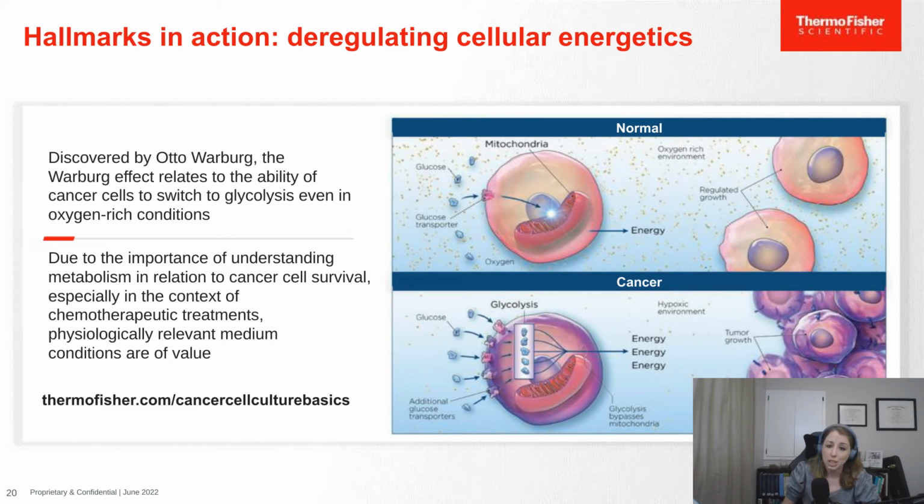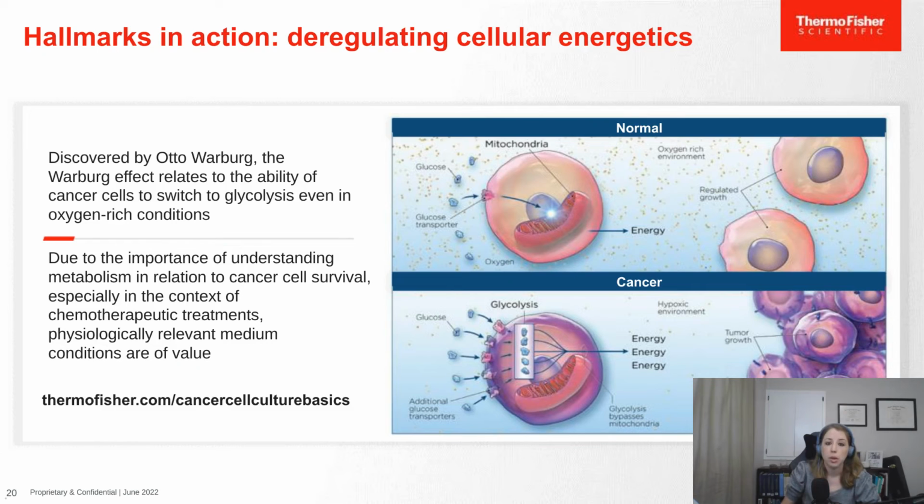Well, in the 1920s, Otto Warburg and colleagues observed that cancer cells were using far more glucose than the surrounding normal cells. They realized that cancer cells often utilize glycolysis to meet the high energy requirements for tumor growth, even in oxygen-rich environments. This phenomenon was termed the Warburg effect, and it is a true hallmark of cancer.